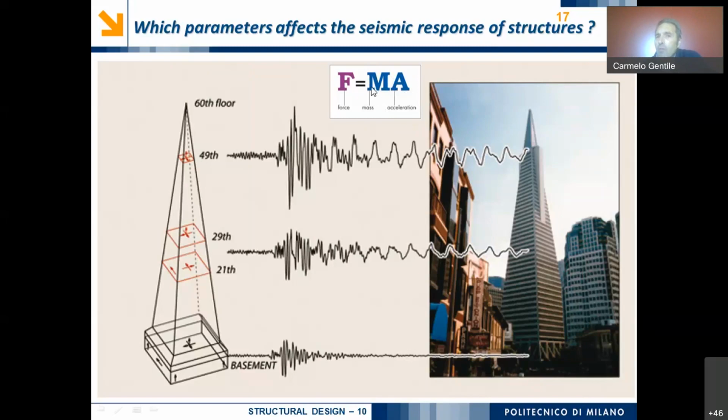Or if you want, the mass is the weight divided by the acceleration of gravity. But generally, we have that the product of a mass by an acceleration generates a force. This is called inertia force.